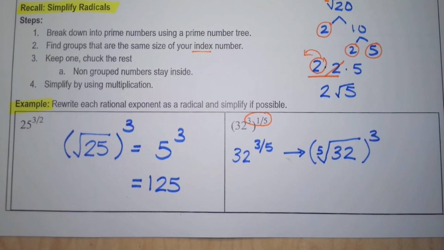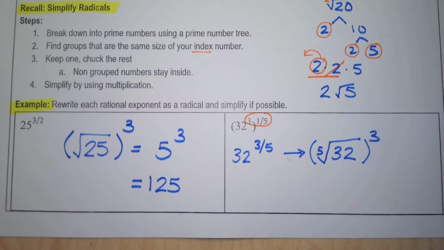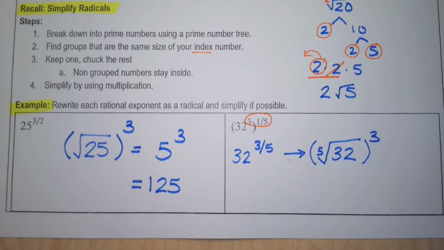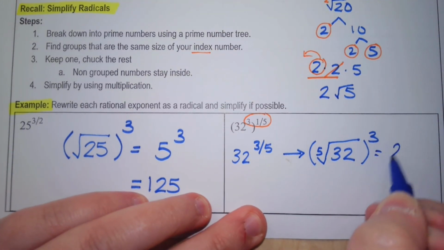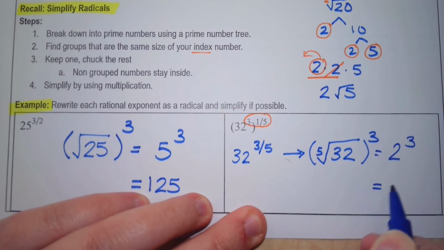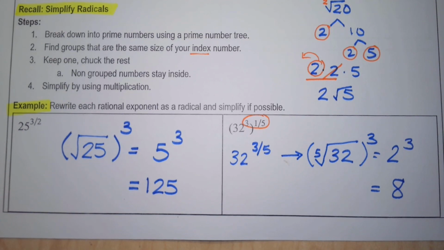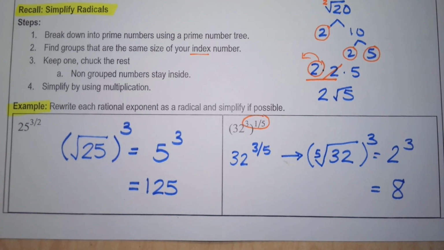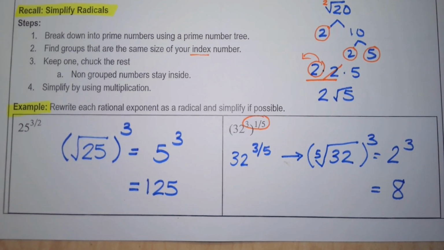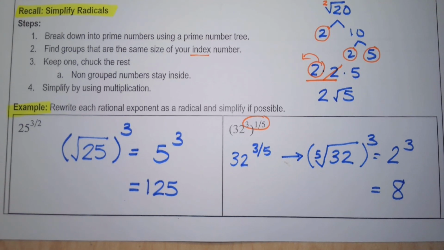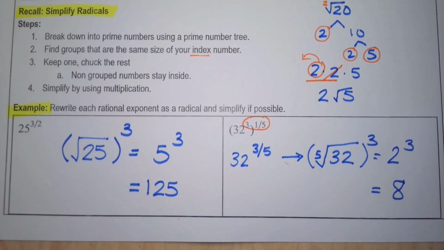So now we take the 5th root on our calculator, and that is going to be 2 to the 3rd, which is equal to 8. Now, you're not always going to simplify it down to a whole number. In the next video and on the next page, we're going to talk about what happens when you can't simplify it down to a whole number.